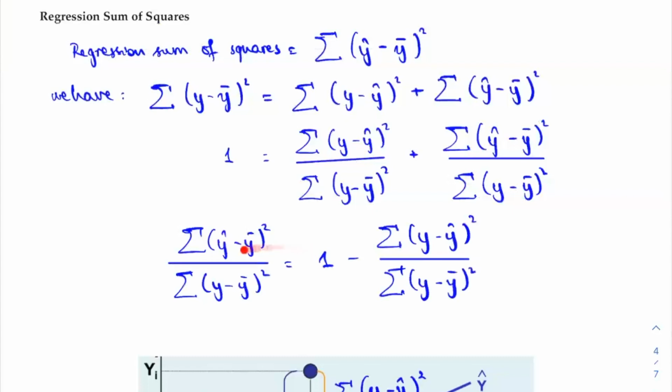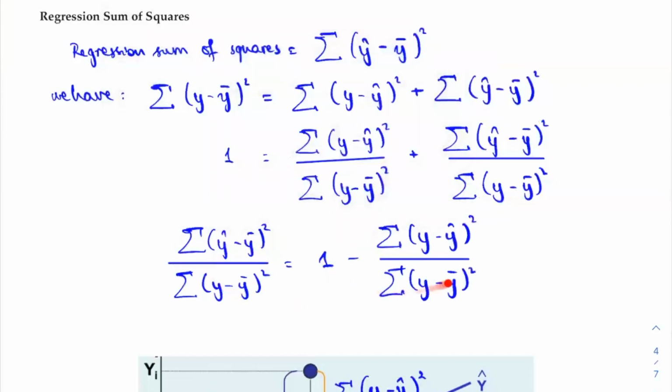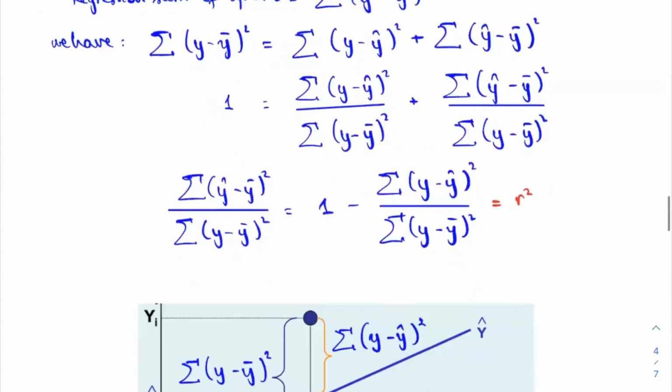This particular formula is called the coefficient of determination. I'm going to write down the explanation for that a little bit later. For this model, we set this right-hand side equal to R squared. This is called the coefficient of determination.